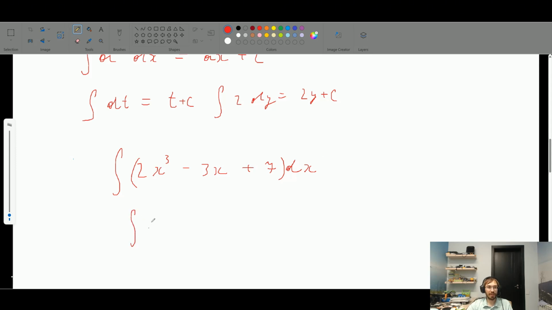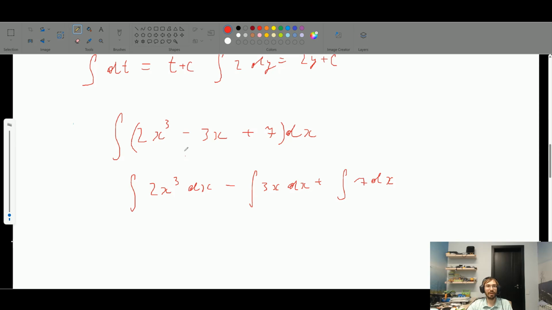So you get the integral of 2x cubed dx minus the integral of 3x dx plus the integral of 7 dx.